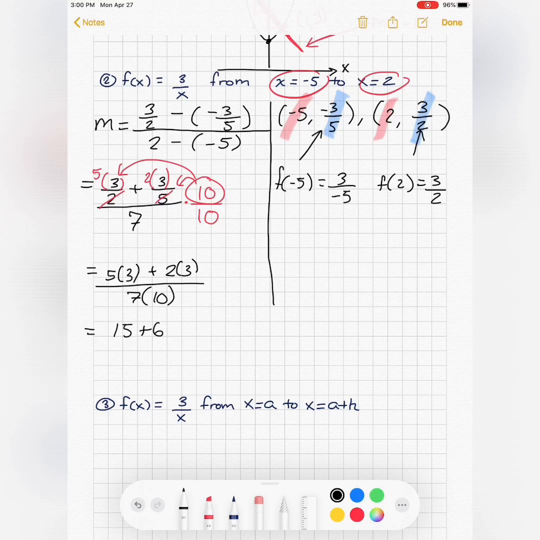So 15 plus 6 over 7 times 10. Now I'll leave the denominator factored because with a lot of these you're going to get a cancellation, so you don't have to compute the big number. Look, 21 divided by 7 is 3. So aren't I left with 3 over 10?